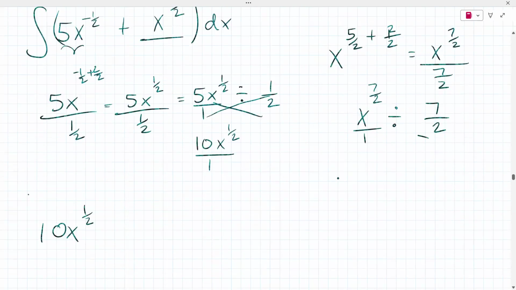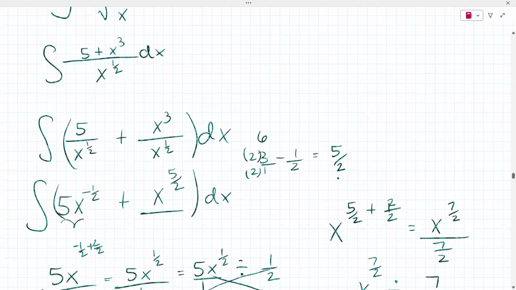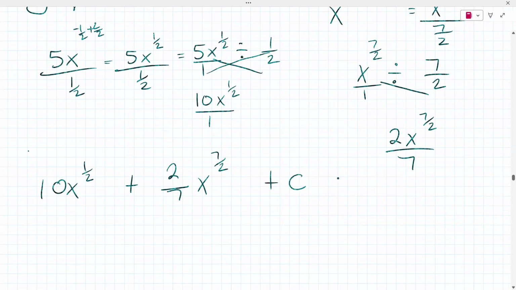And then cross multiply, so that's going to be 2x to the 7/2 over 7. So your final answer is going to be 10x to the 1/2 plus 2/7 x to the 7/2. And then because we have no boundaries, you do have to add that plus c.